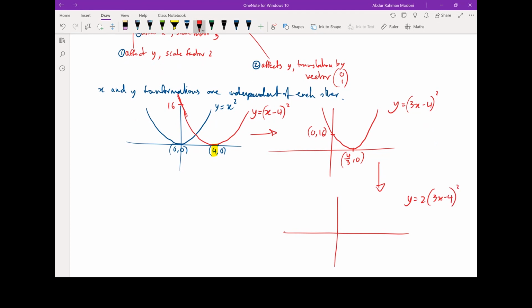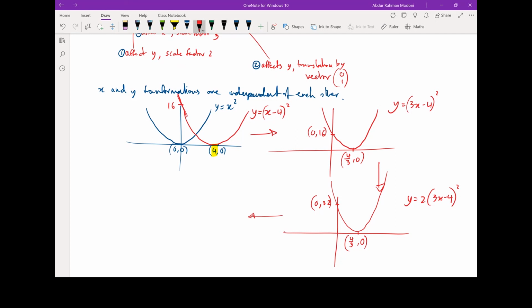So the (0, 16) now becomes (0, 32). This y value here is 0, so it remains at 0. The x value is unaffected. So this is now my sketch y is equal to 2(3x minus 4) all squared.